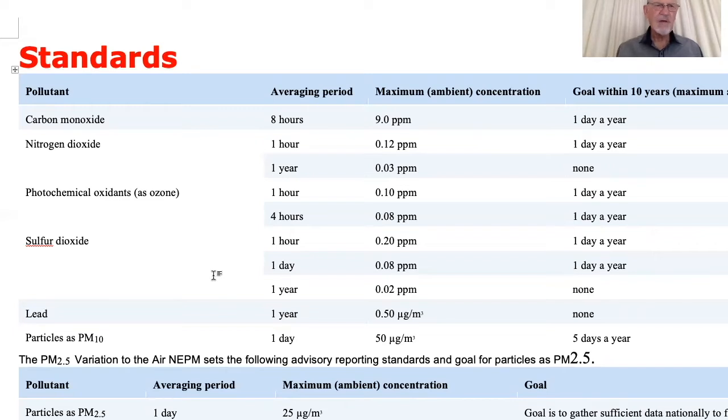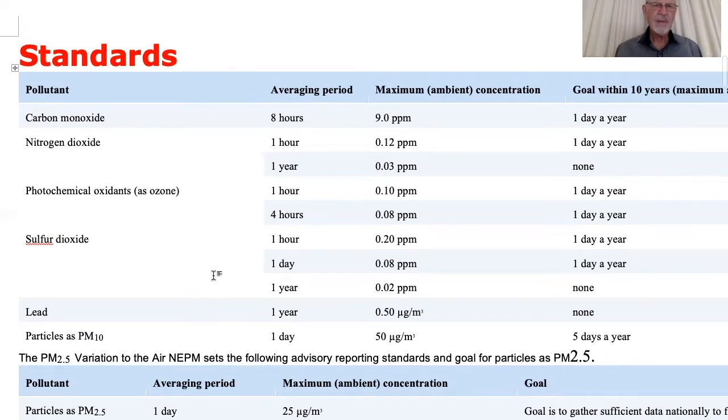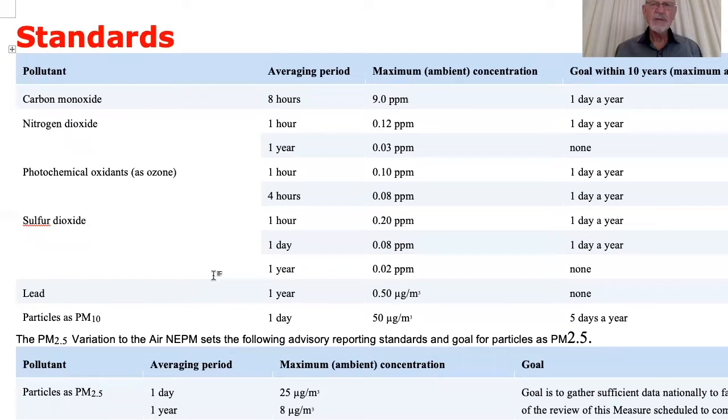Now, this is clearly American because they spell sulfur differently. And lead. Lead is a particularly important pollutant because it has quite serious and debilitating long-term health effects. And now we're starting to see this nomenclature of PM 2.5 and PM 10.